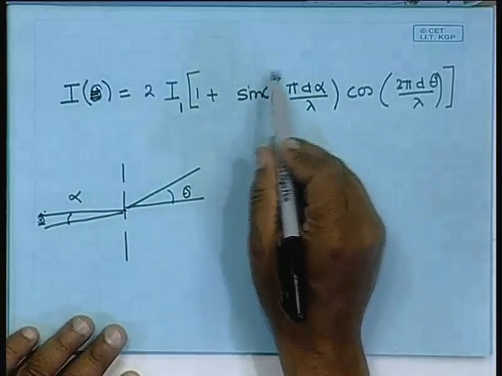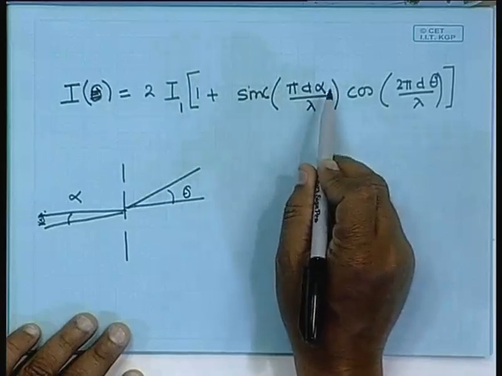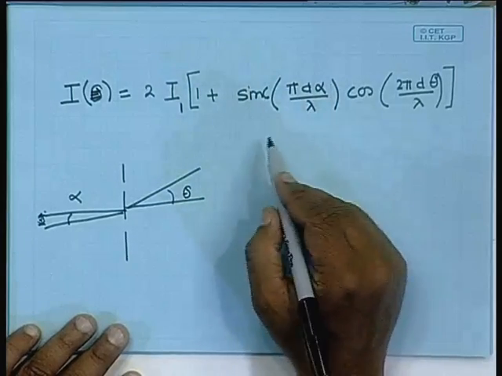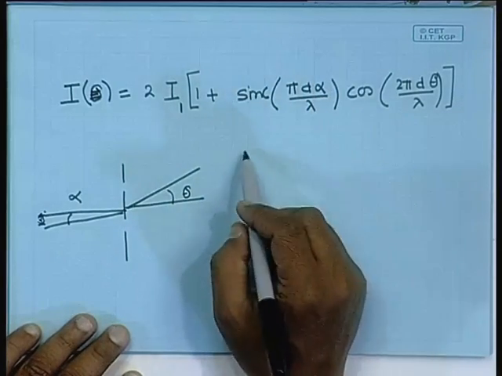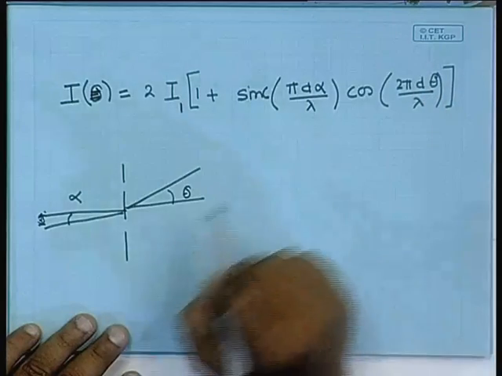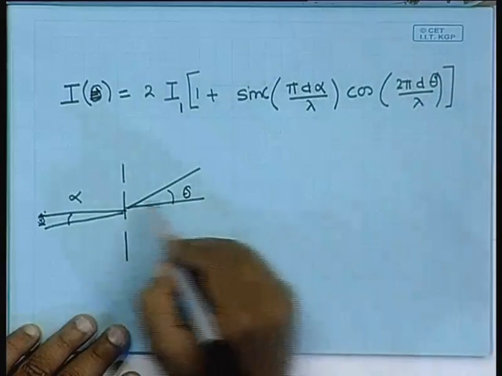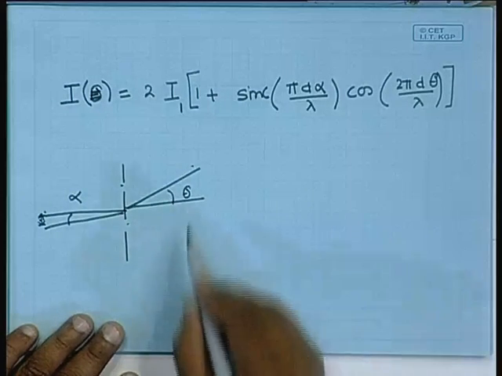If the source is a point source, then this factor becomes 1. Sinc x, remember, is sin x by x. So if the source is a point source, alpha equal to 0, this factor is 1, and you have 1 plus cos 2 pi d theta by lambda. 2 pi d theta by lambda is the phase difference between these two waves at an angle theta.